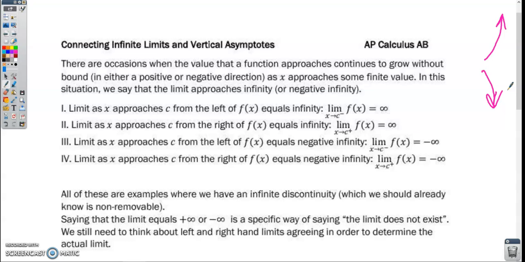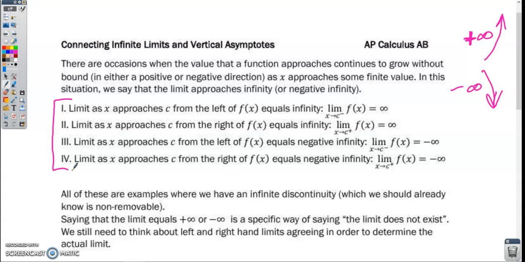In this situation, we're going to say that the limit approaches infinity for this top case, and we certainly don't need to write the plus with the infinity, but I do occasionally do that. Or in this case, it's going down to negative infinity. And here you see four situations where that happens and how it's notated, the limit from the left and right approaching infinity or negative infinity.